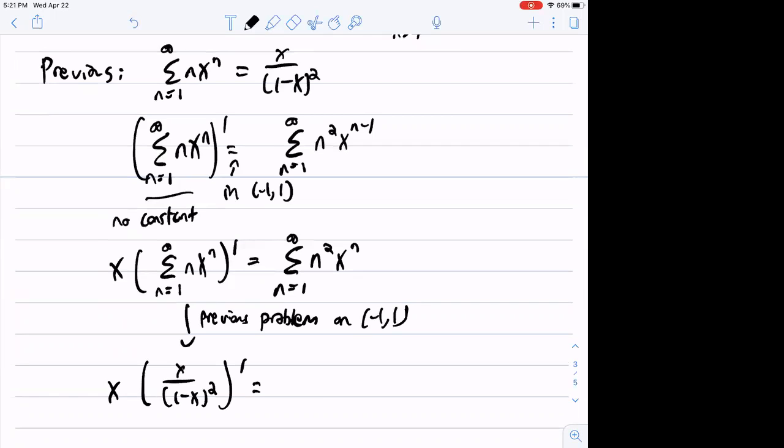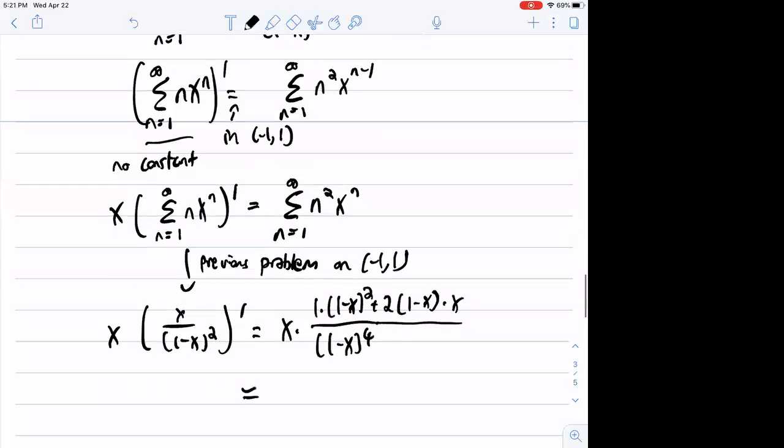And then from here, it should be simple. It's the quotient rule. Please tell me if I'm doing the quotient rule wrong, because I always make algebra mistakes. So I get 1 times the square plus, and it's plus because I chain rule the 1 minus x.